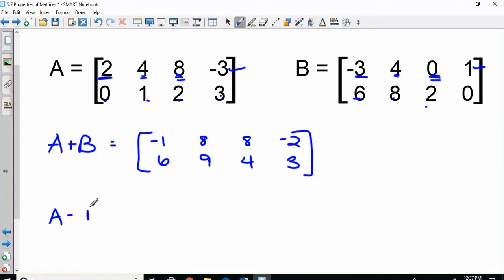Just like any other time when we subtract, order matters. So A minus B will be different than B minus A. So all of that means is we subtract corresponding entries. So 2 minus -3, 4 minus 4, 8 minus 0, -3 minus 1.